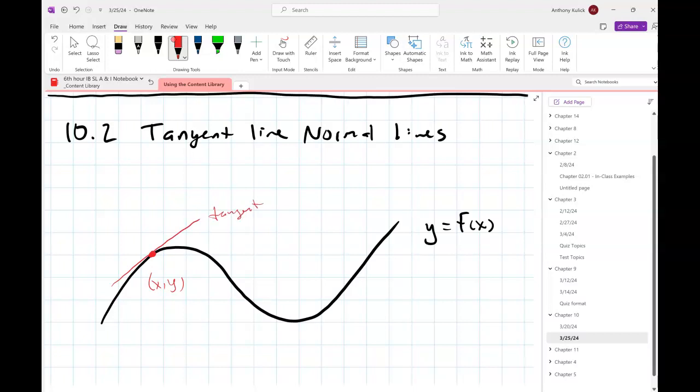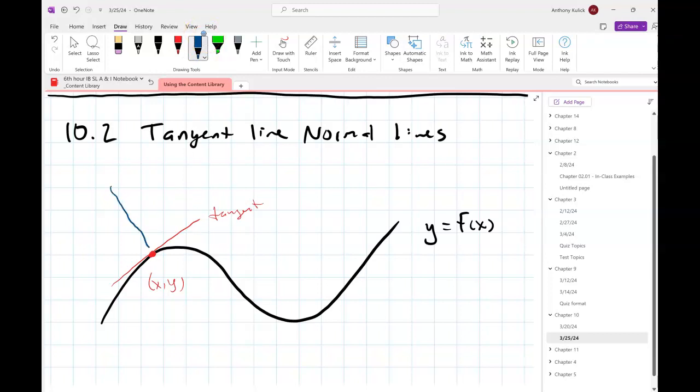Our tangent line is going to be something that looks like this. It's a line whose slope is the same as the derivative of f of x evaluated at that point x, y, and it passes through that point x, y.